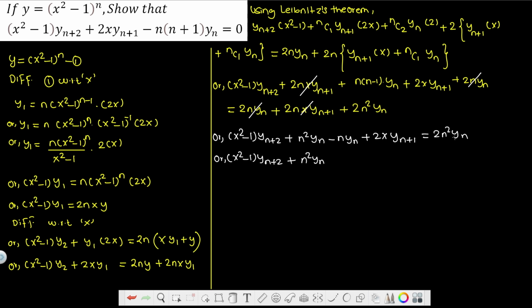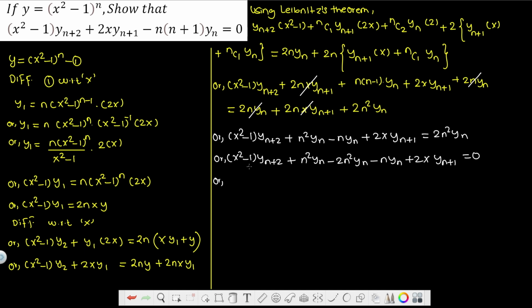Bring this n square yn to this side, we will get minus 2n square yn minus n yn plus 2x y n+1 equals 0.